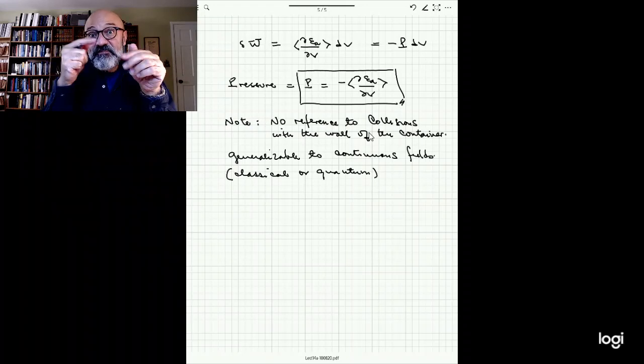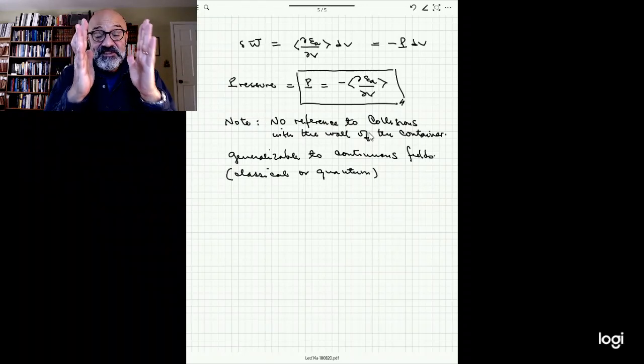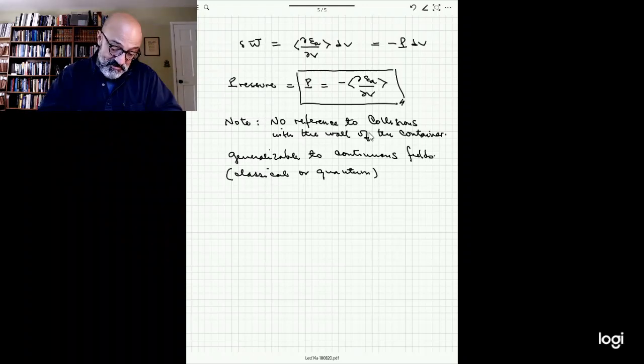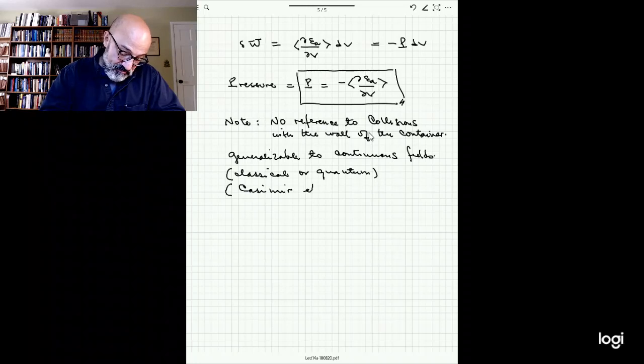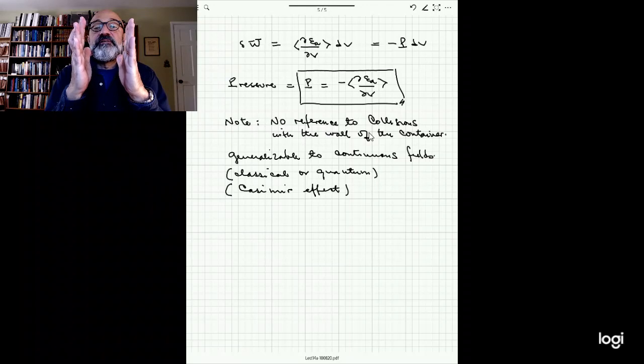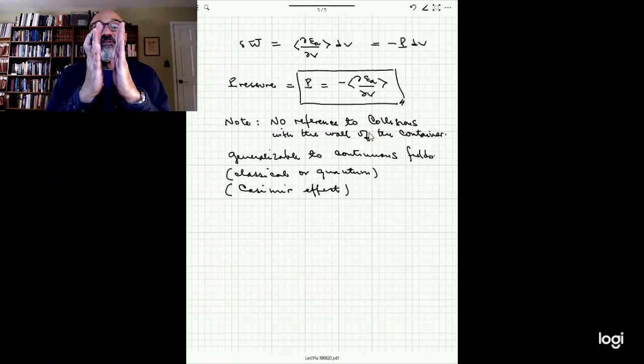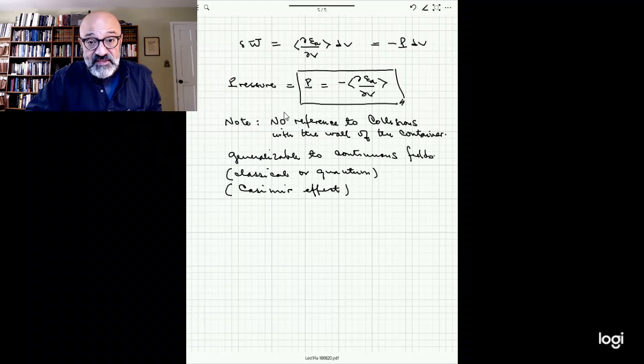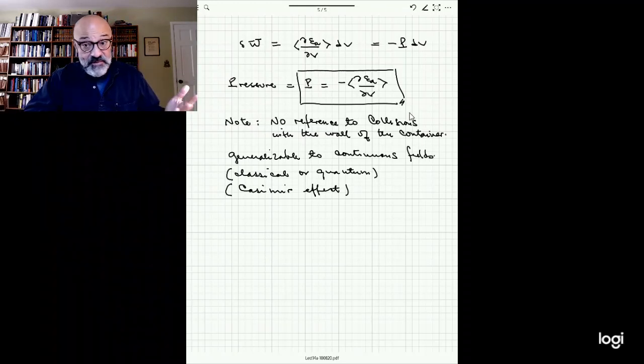The negative pressure that arises when you just look at the zero-point fluctuations is the Casimir effect. When you have two metallic plates very close together, the zero-point fluctuations of the electromagnetic field will make them attract each other. So this is included in this expression, and has nothing to do with collisions of anybody with the walls.